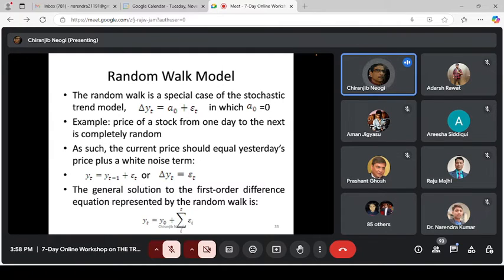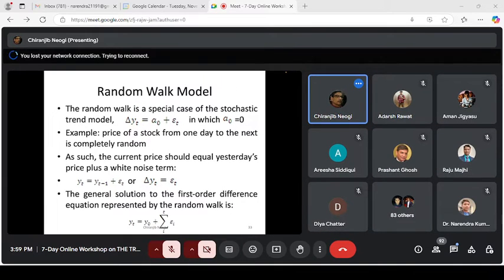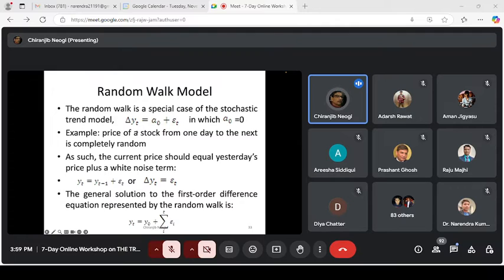Now, with this white noise, you cannot predict whether it will go up or go down, since it is a pure stochastic term. This is yt equal to yt minus 1 plus epsilon t.